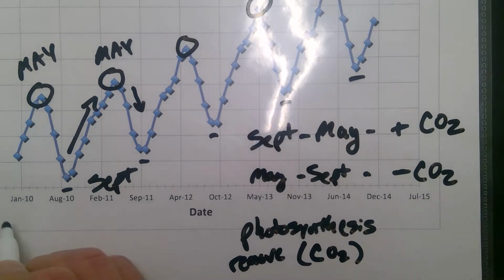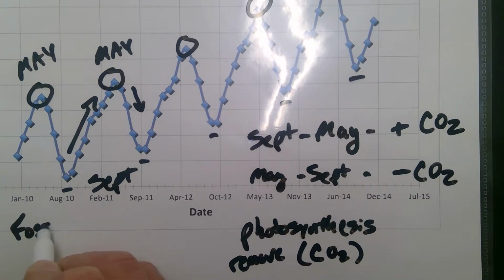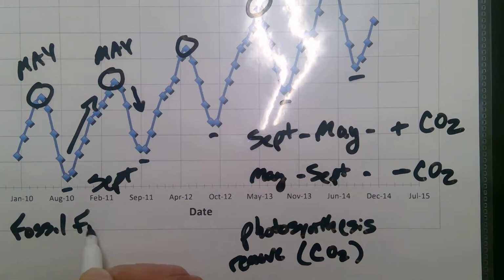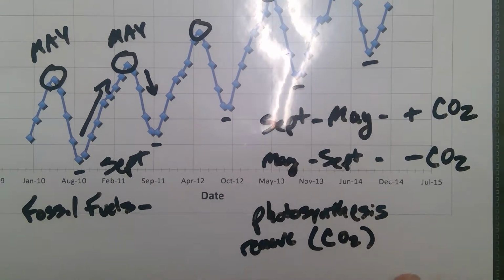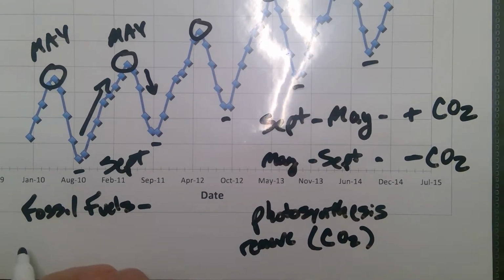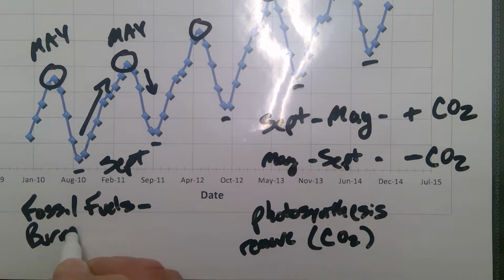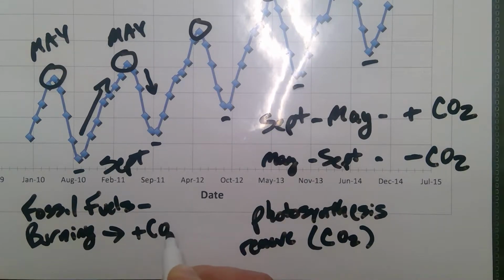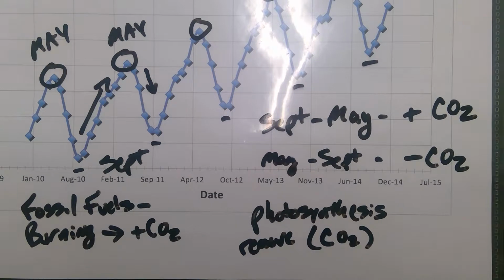Now, if you look at fossil fuels, you should know that fossil fuels are things like coal, oil, and natural gas. But when you burn or use fossil fuels, the burning of fossil fuels for energy is going to be adding carbon dioxide to the atmosphere.